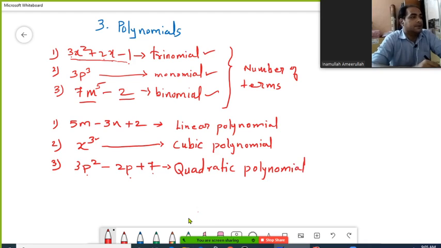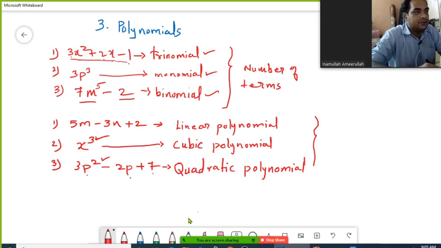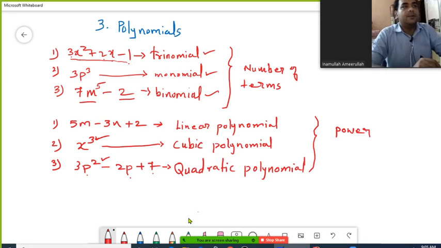So this is quadratic polynomial because highest degree is 2. Here highest degree is 3, that's why it is called cubic polynomial. So this categorization of polynomial is done on the basis of their power. So polynomial can be categorized in these ways.